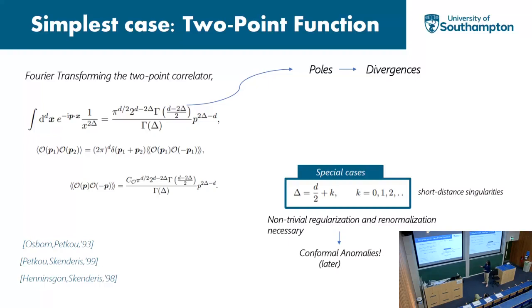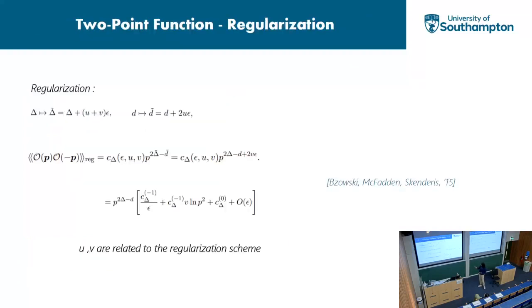Now, this has to be removed by regularization followed by renormalization. So the regularization scheme that we choose is similar to dim reg, just that here we are deforming the spacetime dimension with this 2u epsilon parameter, but we are also deforming the conformal weight. So u and v are basically the parameters related to the regularization scheme that we choose.